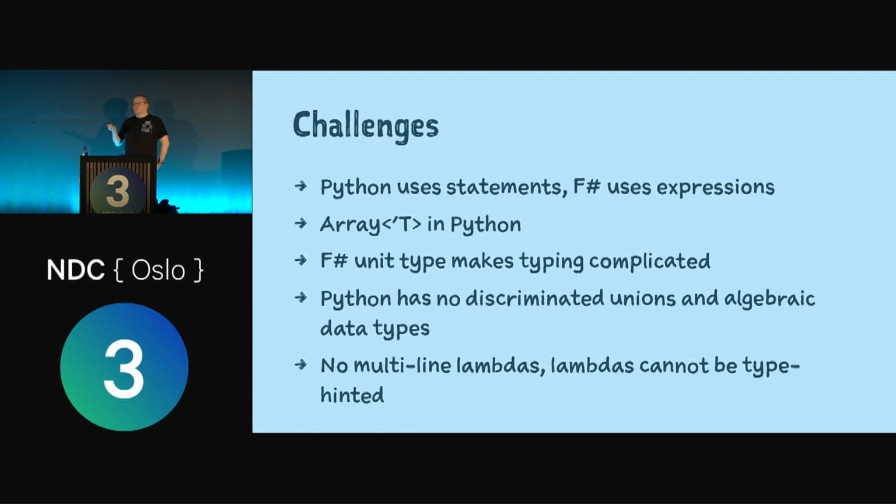But then suddenly someone makes an array of uint8 because they want to put something on the network, then you cannot use a list. You don't want to have a list of bytes. So you need arrays.